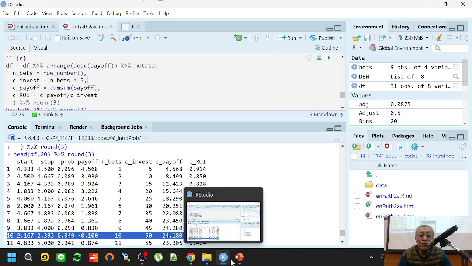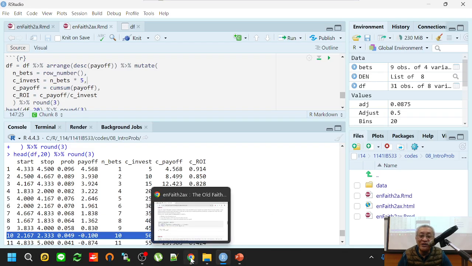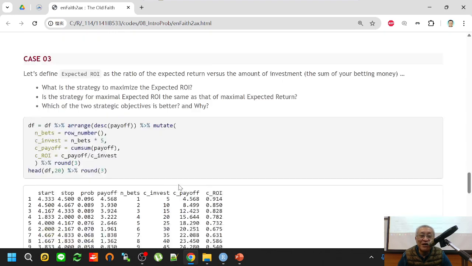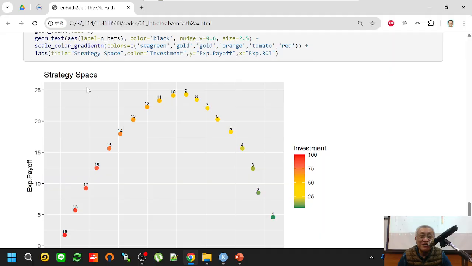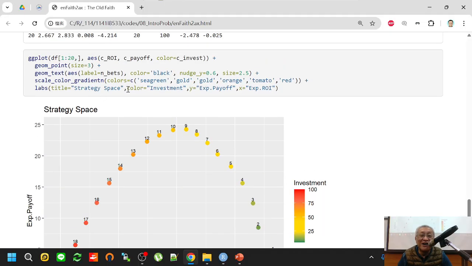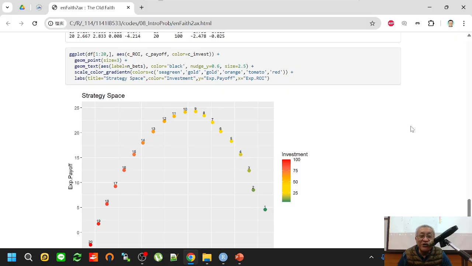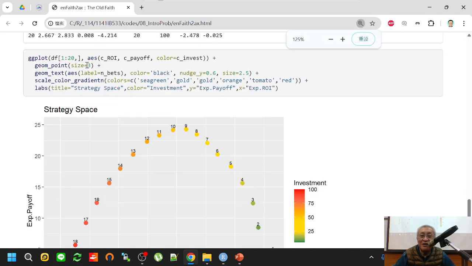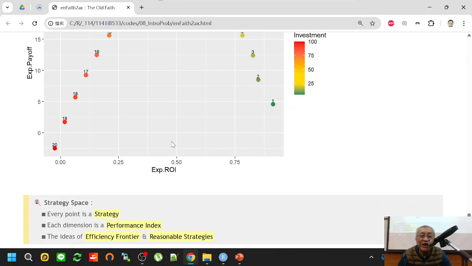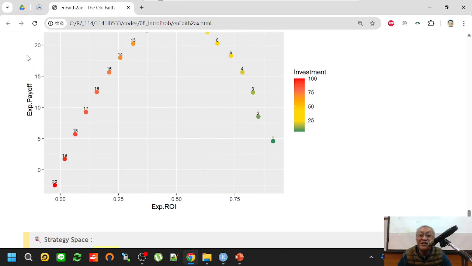When we have multiple business objectives, we usually can do some visualization to help us make the decision. Here I use ggplot and map the cumulative ROI and cumulative payoff to the X and Y coordinates.